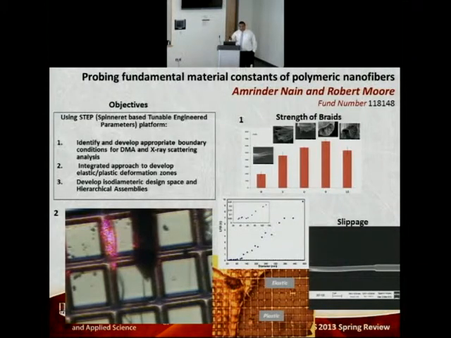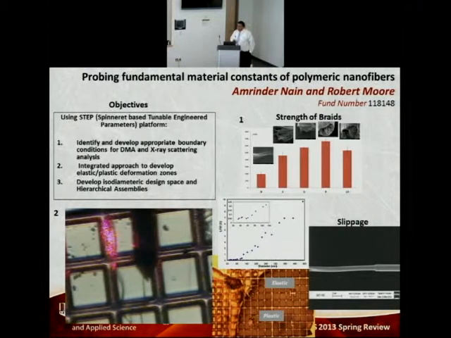What we found, which was very interesting for the first time, was that beyond a certain twist angle, the internal structure of the braid was very different, and that led to a decrease in the mechanical property. The braids were internally fusing together, and thus there was loss of mechanical property. Not shown here are our attempts at DMA and the X-ray scattering. We are still working on developing those techniques to look at single fibers and also braids of fibers.